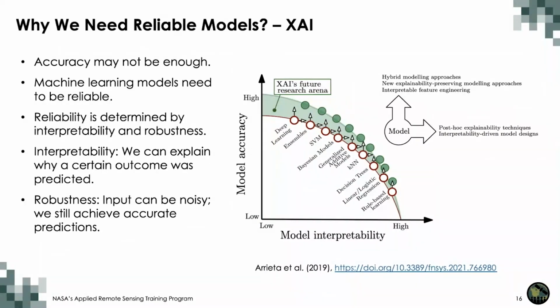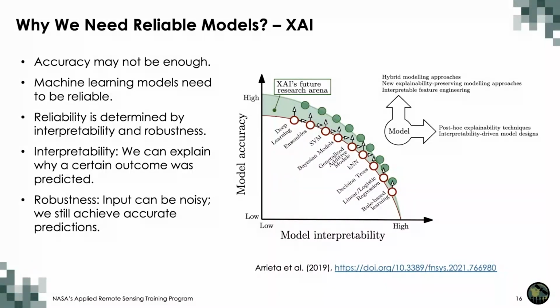So accuracy may not be enough. We want to have a machine learning model that is reliable. An unreliable black box model is prone to making inconsistent and unpredictable decisions, and it is unable to provide any insight or explanations for these decisions. Model accuracy and model interpretability can sometimes be in conflict with one another.